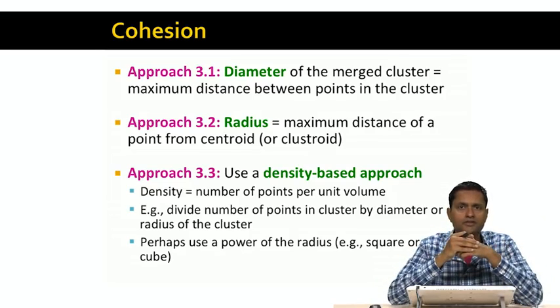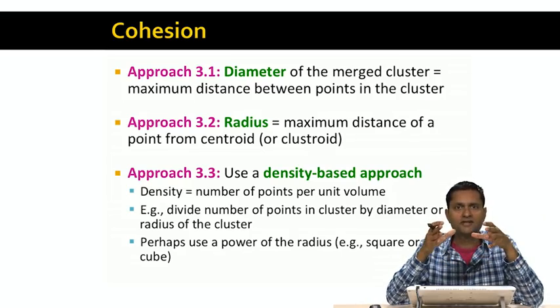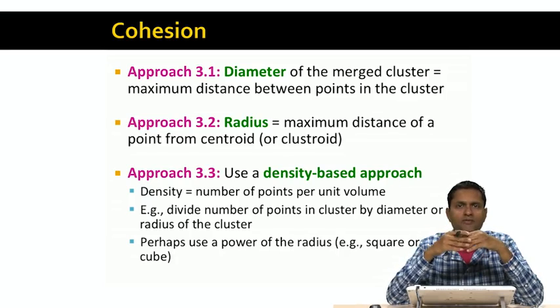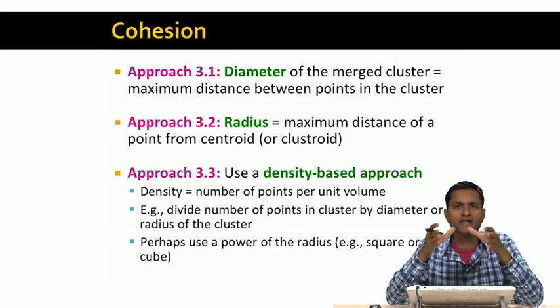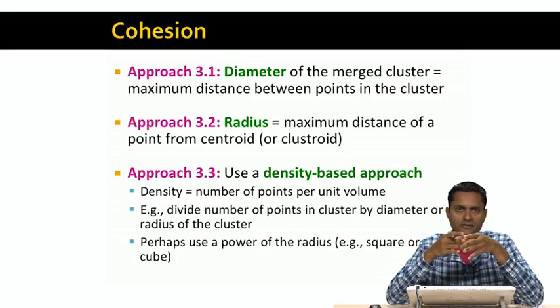The third approach is to use a density-based model. Now, density of a cluster is the number of points per unit volume of the cluster. One way of defining density is to simply divide the number of points in the cluster by the diameter or the radius of the cluster. We might instead divide the number of points by a power of the radius, such as a square or a cube.